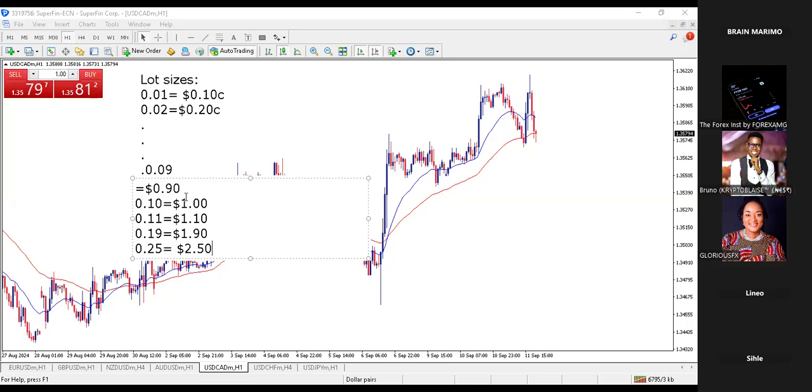There are positions that, overnight, you may incur an interest, a swap that is payable to the broker. So if it says negative, you're paying the broker for holding that position for you overnight. There are some positions that the broker will pay you interest for holding overnight.